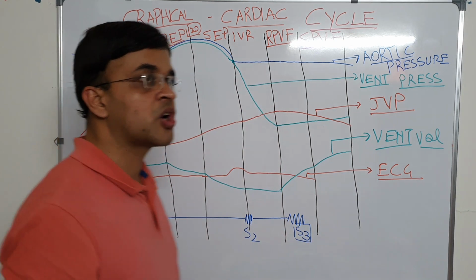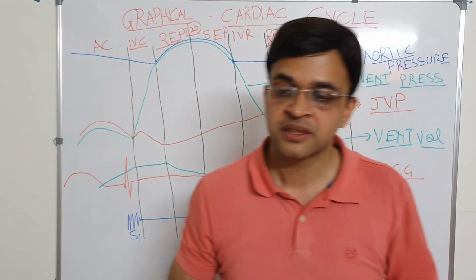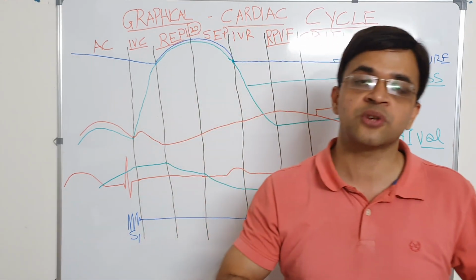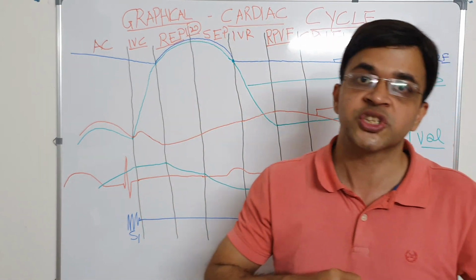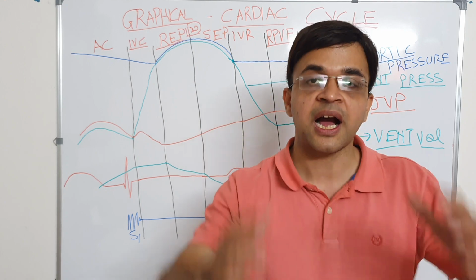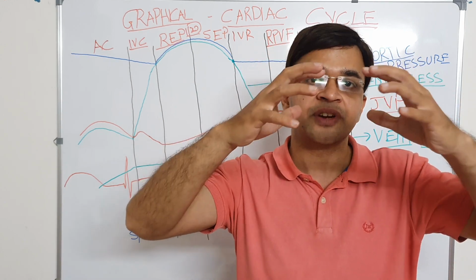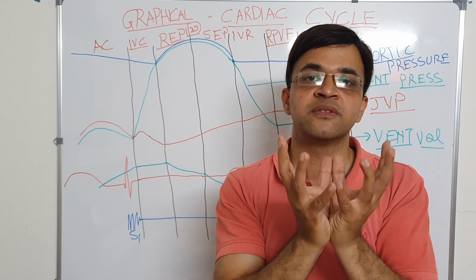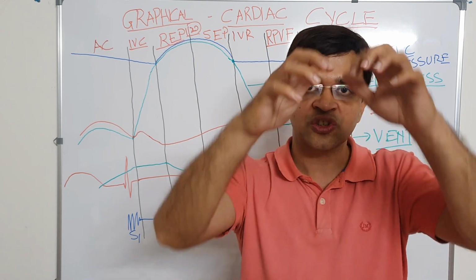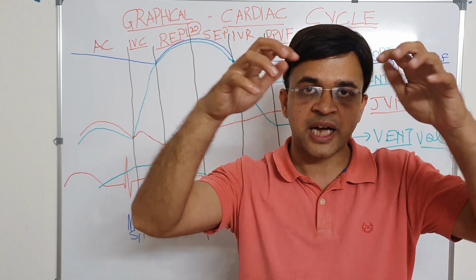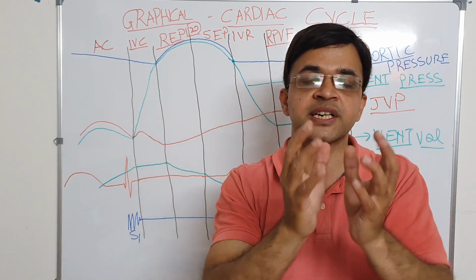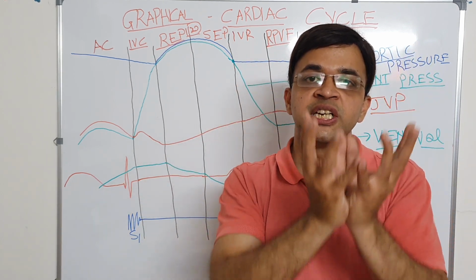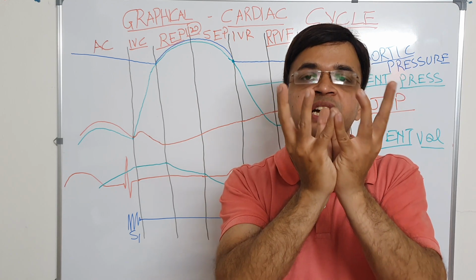Now there is something called the fourth heart sound. One most important thing about the fourth heart sound is that it is always pathological. It is produced when a hypertrophied atria contracts against a hypertrophied ventricle. It's a very strong contraction, leading to vibration inside the ventricle.